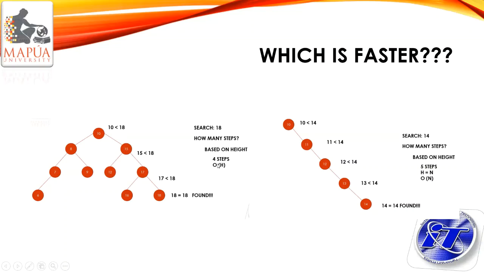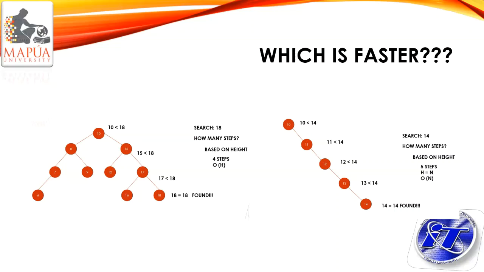Based on our computation, both are based on height. But in a tree skewed to the left or to the right, height is equal to the number of nodes, the number of elements in our binary tree. But here, it is not dependent on the number of nodes.